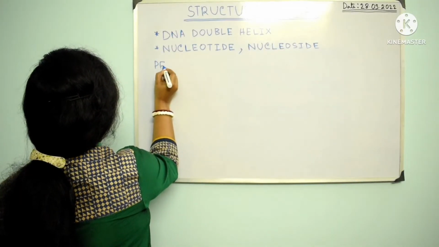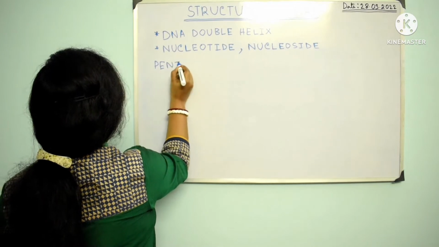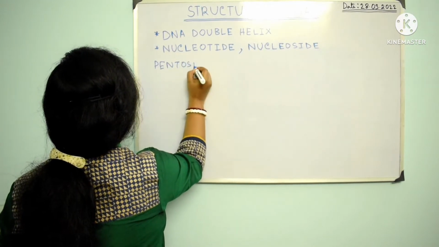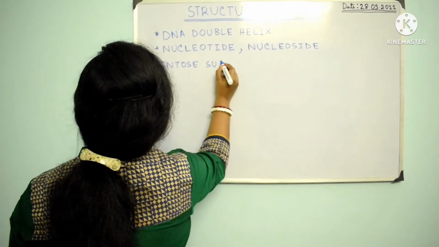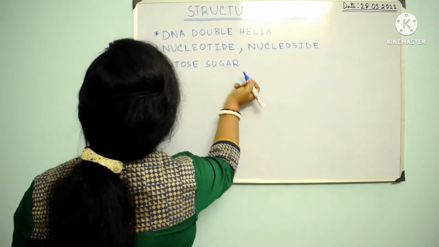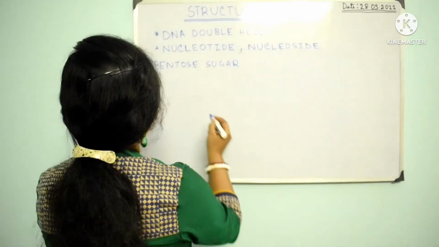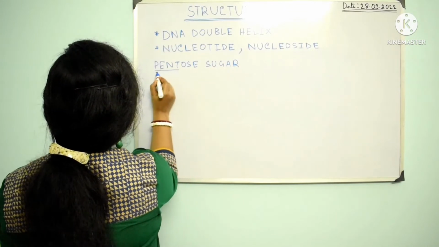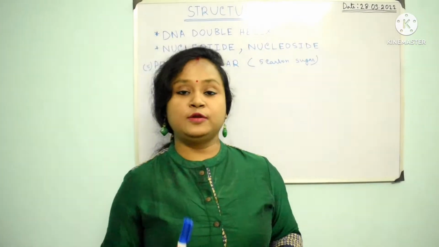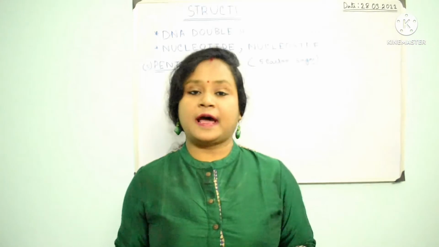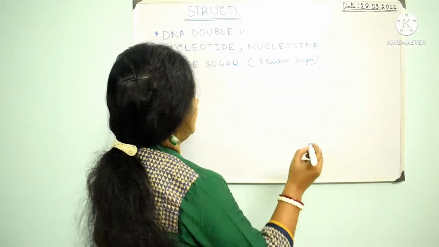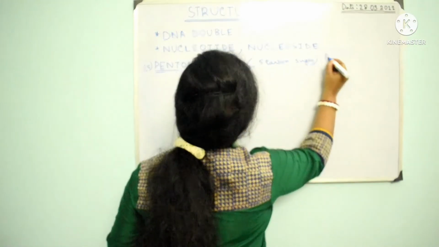Pentose sugar, as the name suggests, pentose, penta means 5. Pentose sugars are of two types, present in DNA and RNA.